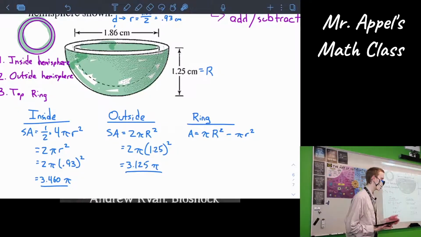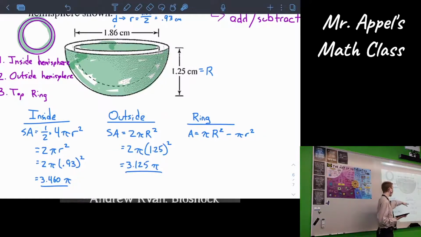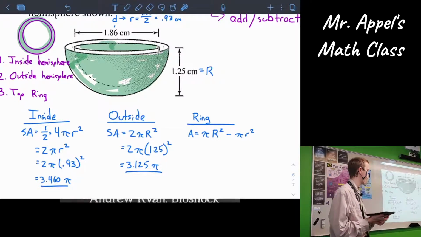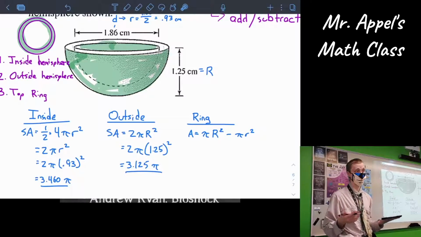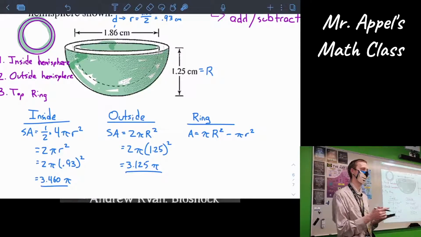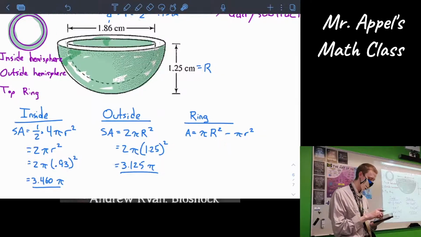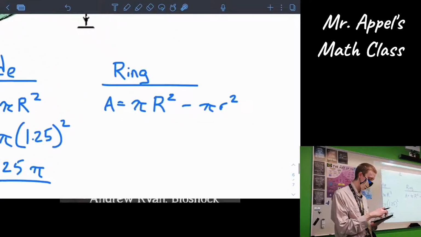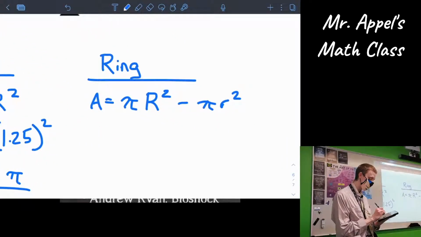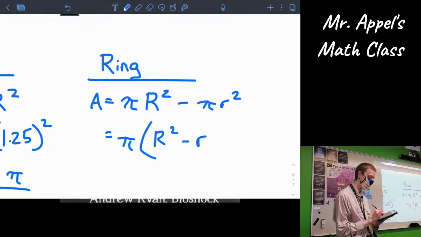Lots of geometry problems might involve two different sized circles. So great habit: capital R and lowercase r. Big R, little r. One for the big one, one for the small one. Once you get into three different sized circles, then you've got to come up with something else, subscripts or something. But this will do for us, right? And I can already see I can factor pi out of that. So that's pi times big R squared minus little r squared.